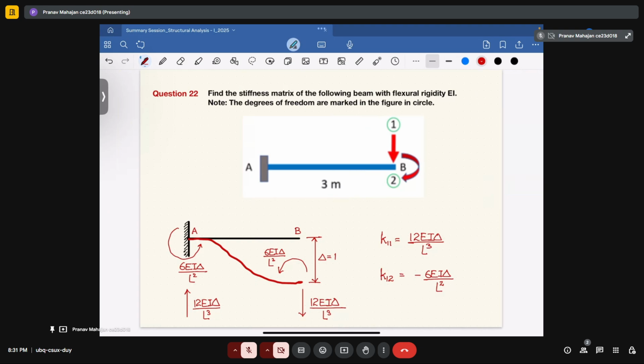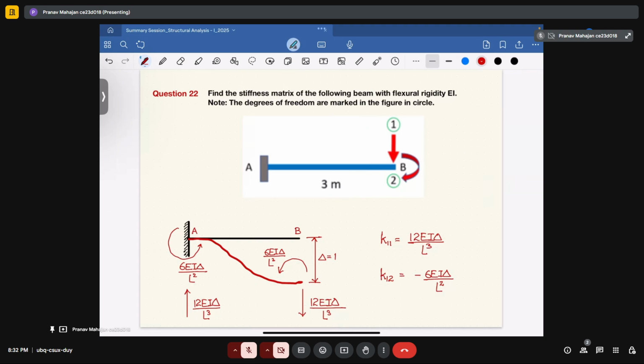Your K11 will be the displacement at point B when you apply a unit displacement at point B. So when you provide a unit displacement at point B, due to that, moment will come into picture.